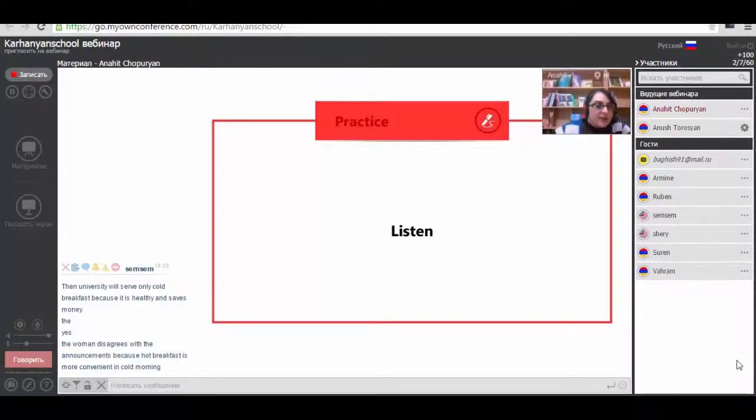And the second reason? You can start like this. The woman opposes the announcement by saying that hot breakfast is more convenient and, you can say, warming in cold morning.